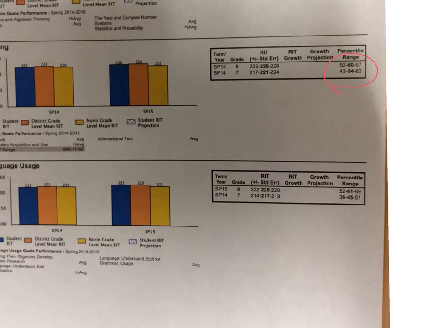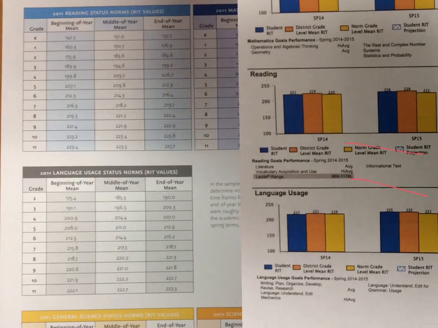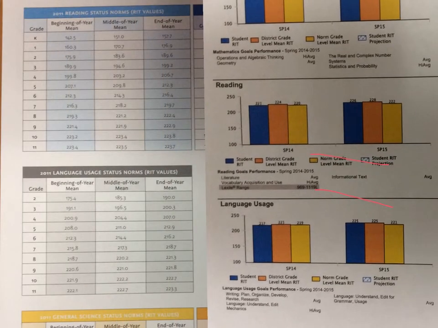So for instance, in reading for the 2015 norms, the end of the year norm was 177.6 for grade 1, compared to 176.9.